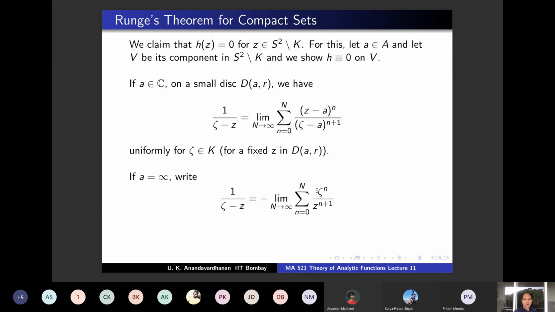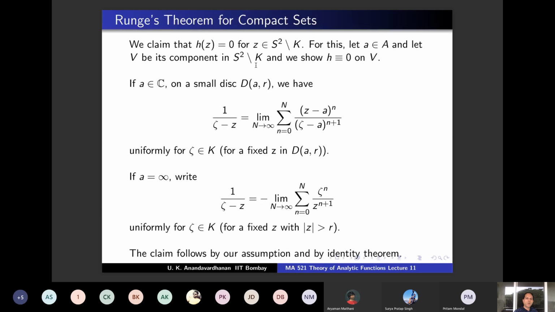Zero is a zero of this, so it has a pole of order n at infinity, and therefore again it is from your set A. Therefore this is a rational function r, a polynomial with pole at infinity, and therefore the integral is 0 again by the given condition.